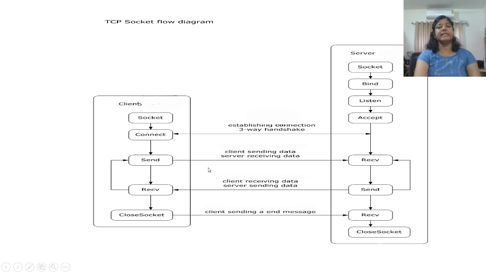Data is sent from the client side, which is received at the server side using the receive function. Then again the receive function at the client side receives the data sent by the server, and there is a loop for send and receive at the client and receive and send at the server.